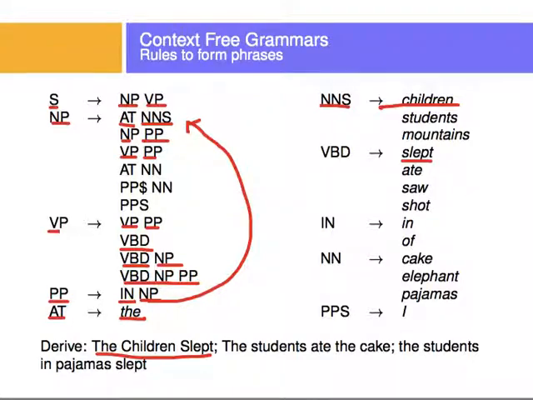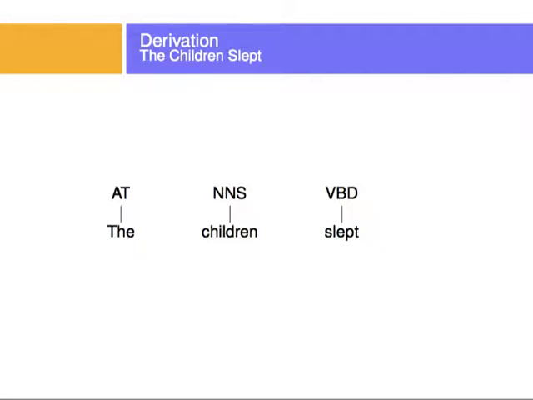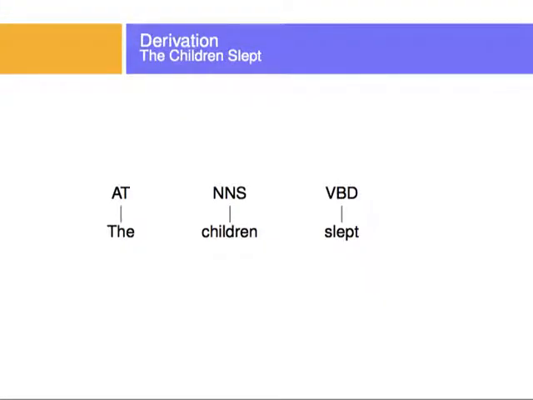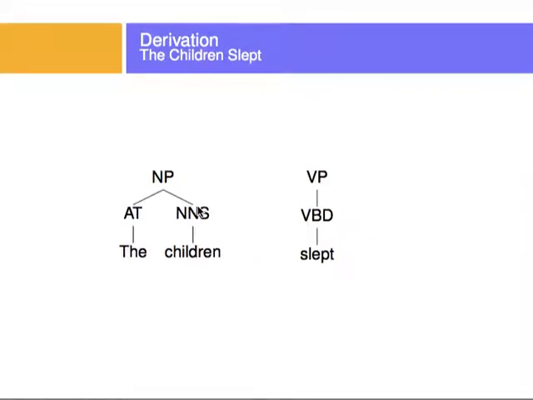So for example, let's start with this. The children slept. Based on the rules that we saw above, the is an AT, children is a noun plural, and slept is a verb in the past. Now, based on the rules earlier here, we know that AT pairs up with NNS. So if I have the children slept, I can pair these two together, right? I can pair these two together. And then VBD can also be chunked into a VP. Let's look at that.